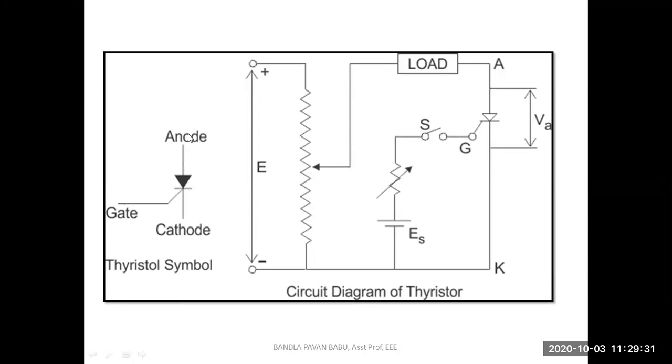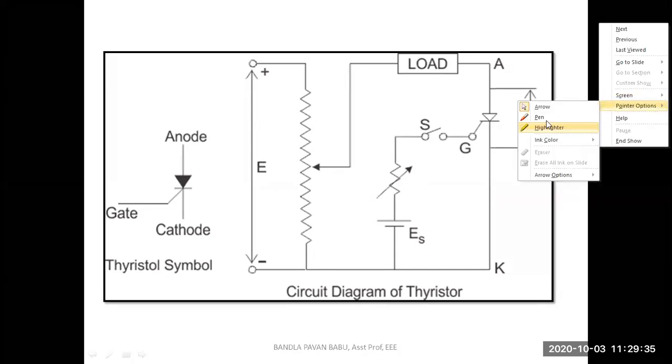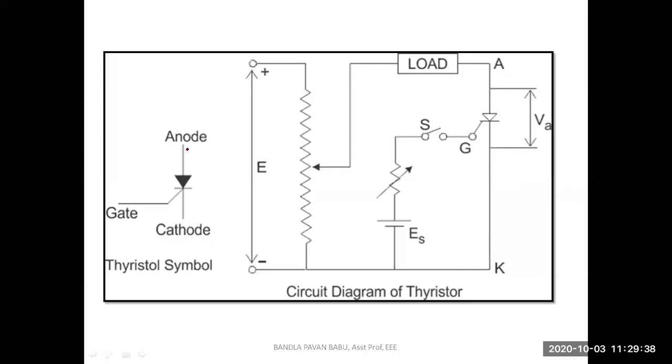The anode is denoted as A, and you can see the anode here. Then the cathode K, and the gate G. And this is the basic circuit diagram of the thyristor.